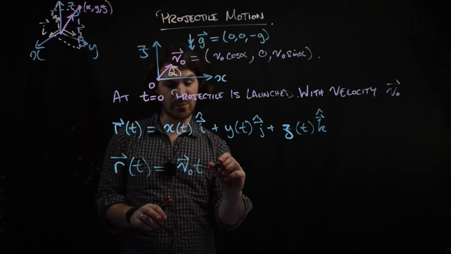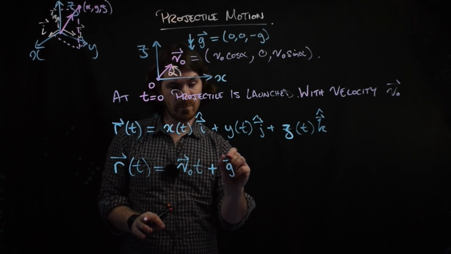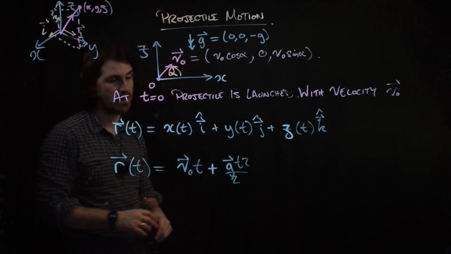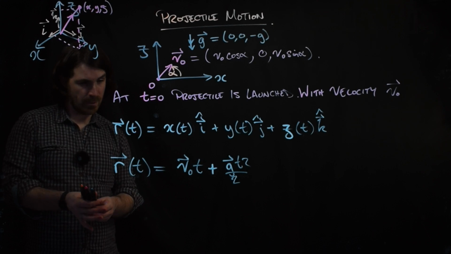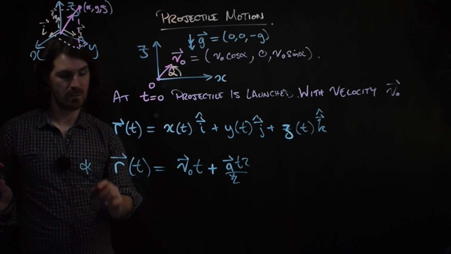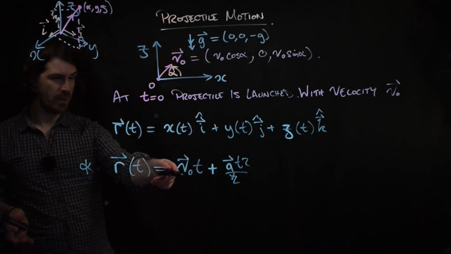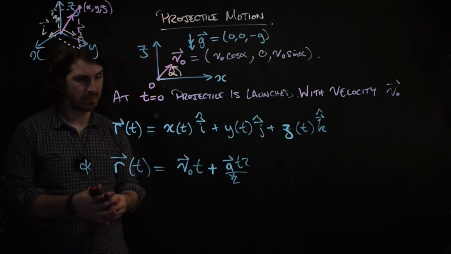But there's also gravity acting, so we get a plus g vector t squared over 2. This is the vector equation for the projectile, and we want to think about what the x, the y, and the z are in this case.